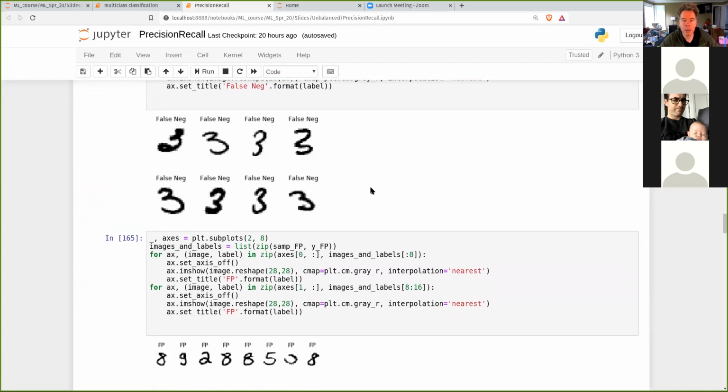Okay. So I wanted to see some examples of false negatives and false positives here. These are the false negatives. These are the ones that really are 3, but the model failed to detect them. To a human brain, these things are obviously 3s, but the logistic model is just a linear model. For each pixel, it assigns a coefficient, a weight.